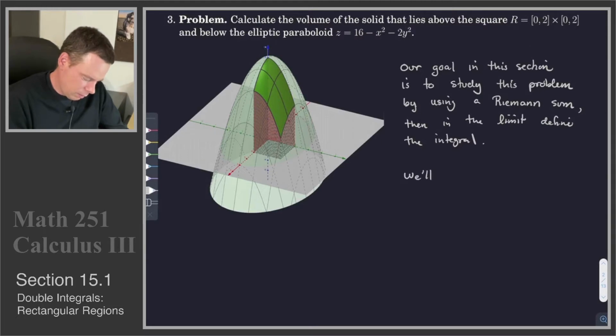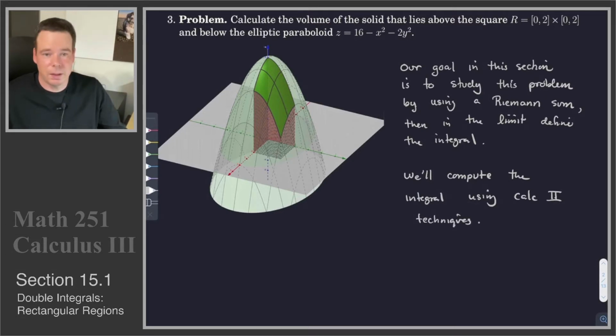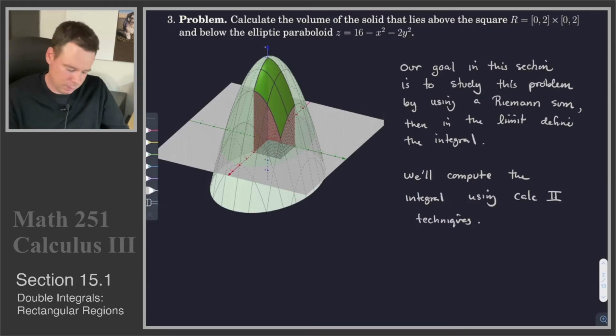Then finally, we'll compute the integral using calculus 2 techniques. By that I mean techniques where we take the antiderivative and evaluate at the endpoints, so we have a way of calculating integrals using antiderivatives from the fundamental theorem of calculus, so we don't have to evaluate a limit of a Riemann sum directly.